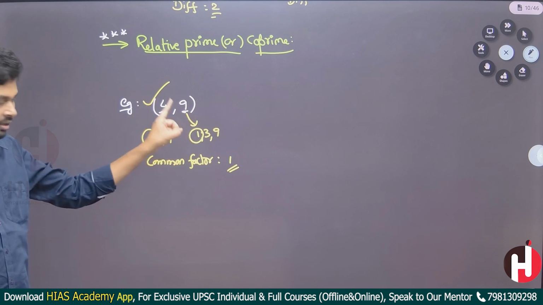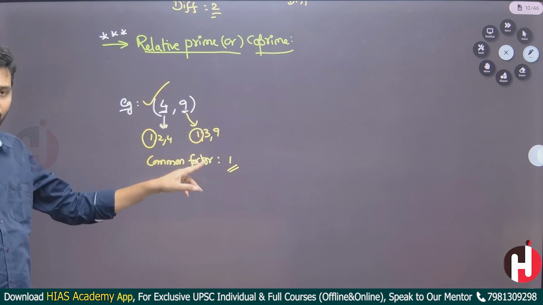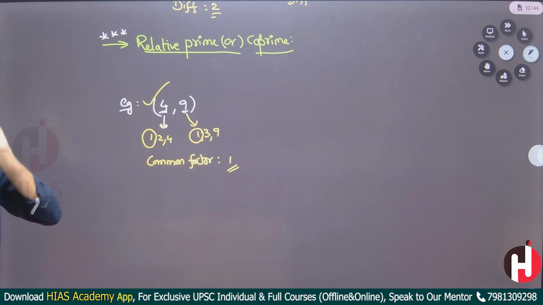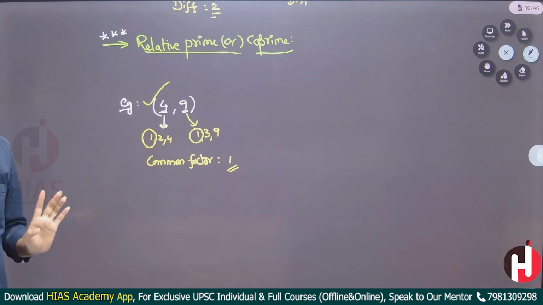If you write all the factors for 4 and 9 separately, what is the common factor? 1. There is only one common factor. Those numbers are called relative primes or co-primes. Please note down the definition.